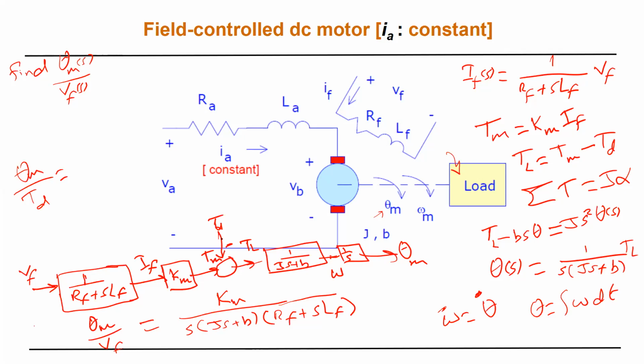You will get minus 1 over S(JS plus B). This is the way you find transfer functions. But anyway, our focus is this transfer function. Any question here?